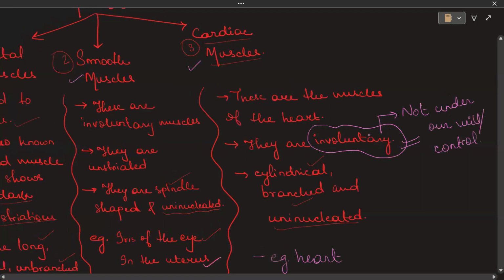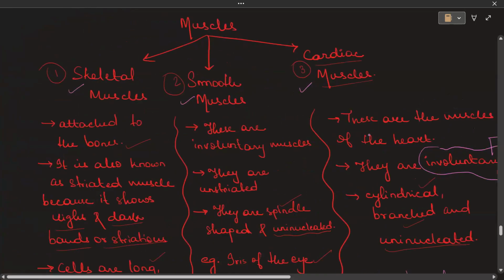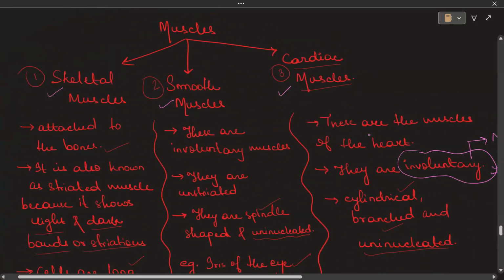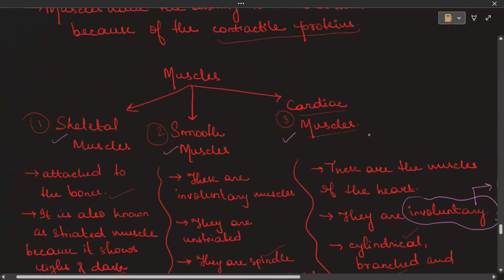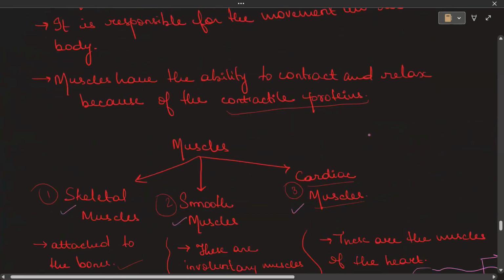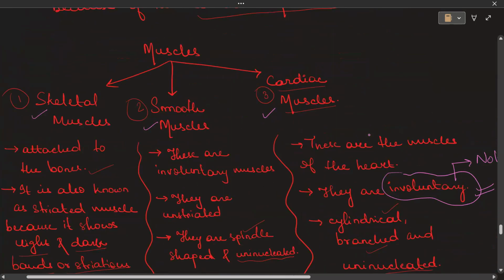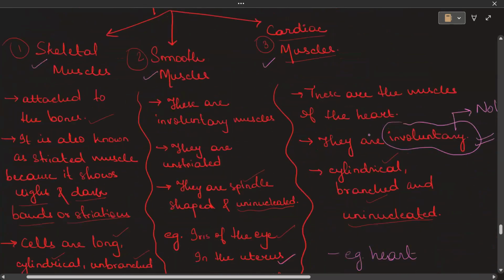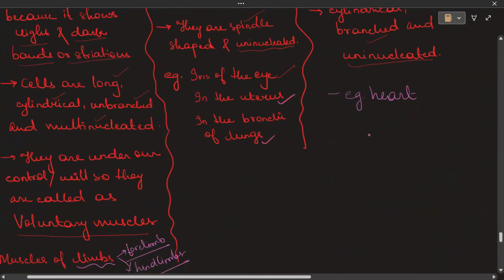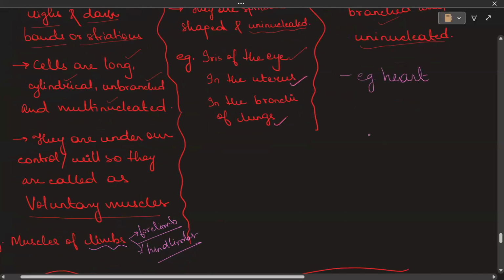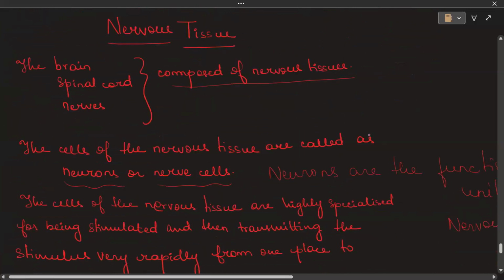So, are the three types of muscles clear to everyone? Yes, ma'am. Any doubts? All right. So, after the muscular tissue comes the nervous tissue.